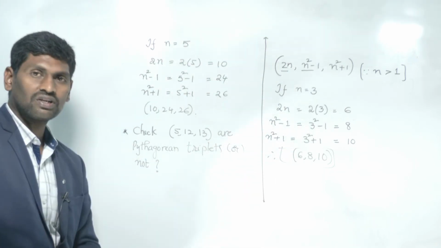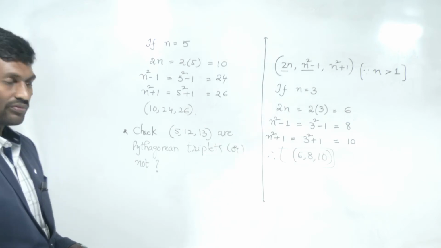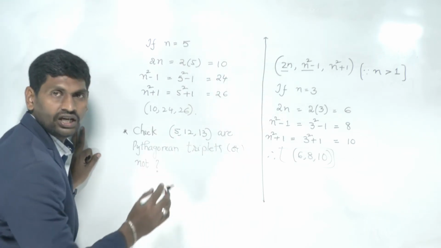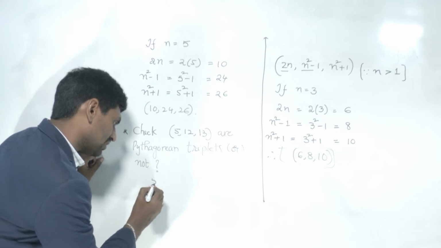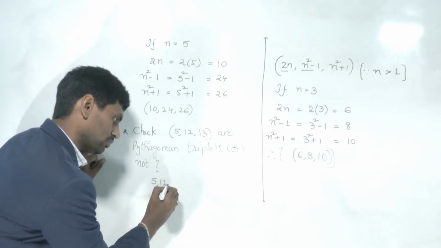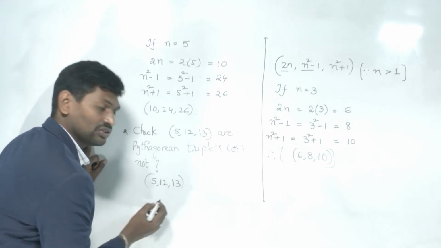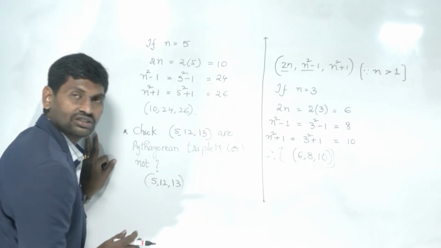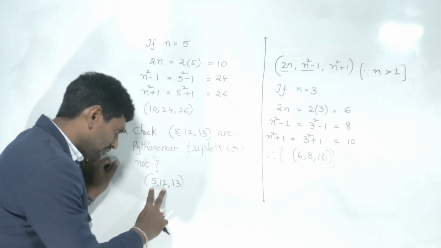Now check for this one also. What are the three numbers? 5, 12, 13. So let us check the first two numbers. Sum of the squares of the first two numbers.